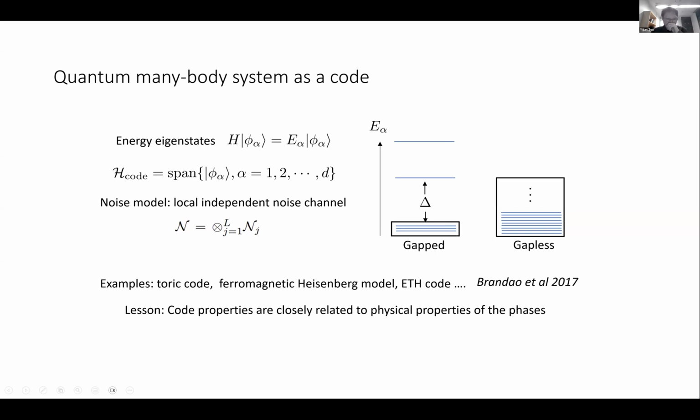There are no ambiguities. But for gapless systems, there is a bit of ambiguity, because there are many eigenstates that collapse into the same energy in the thermodynamic limit. But what you can do is choose a number d, which you determine as the dimension of the code subspace, and you encode 0 into the ground state, 1 into the first excited state, 2 into the second excited state, 3 into the third excited state, and so on.